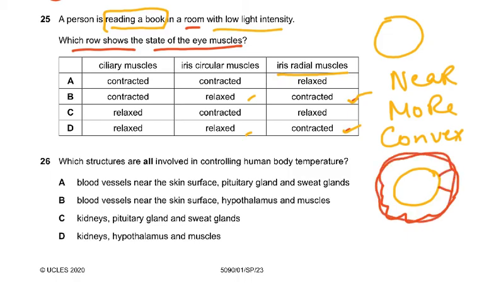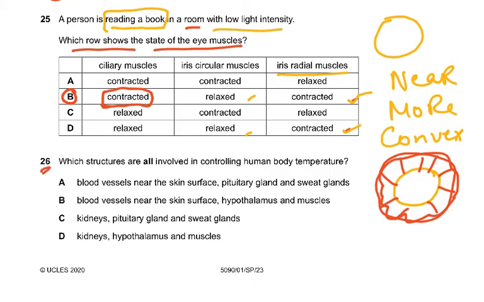And then there are the suspensory ligaments which are holding it. Now, in order to become more convex, the ciliary muscle has to contract. So it becomes a smaller circle so that the pressure on the lens is released and the lens becomes more convex. So that is why the answer is B.